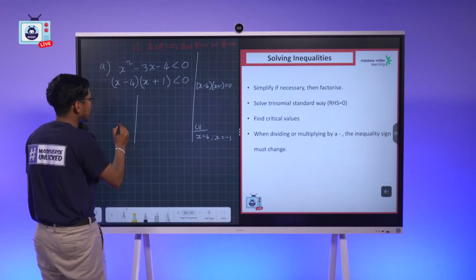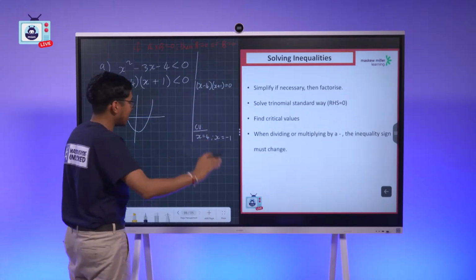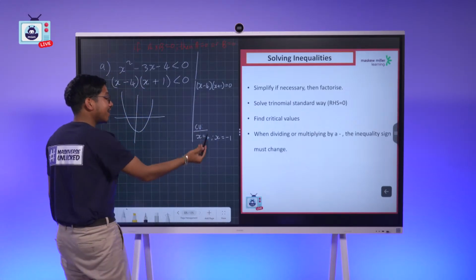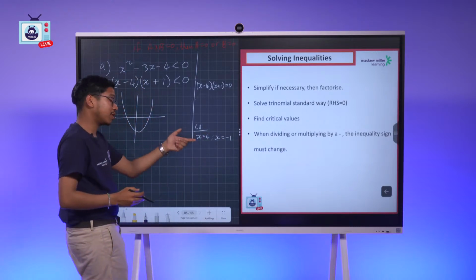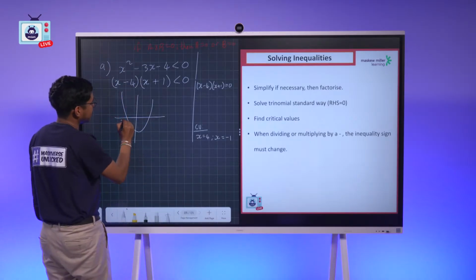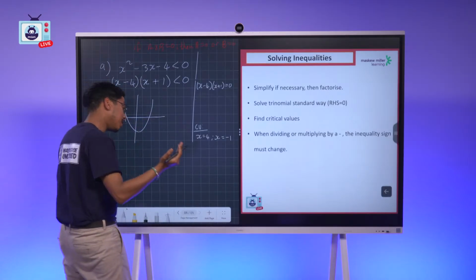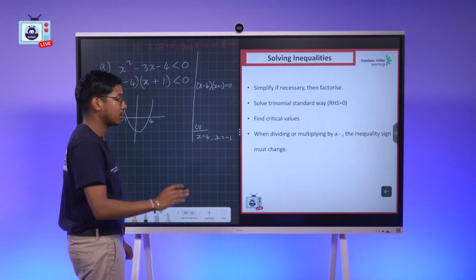So I can just draw a positive parabola, a smiley face parabola, okay? Now, all I do is I take my smallest number and I place it on the left. So there I put negative 1. And I take my bigger number of the 2, which is 4, and I put it over there. Okay? Are you following?